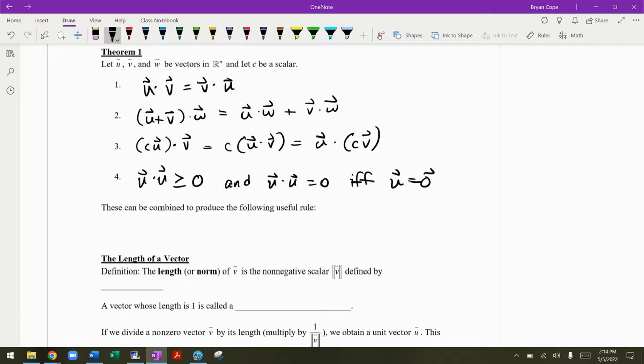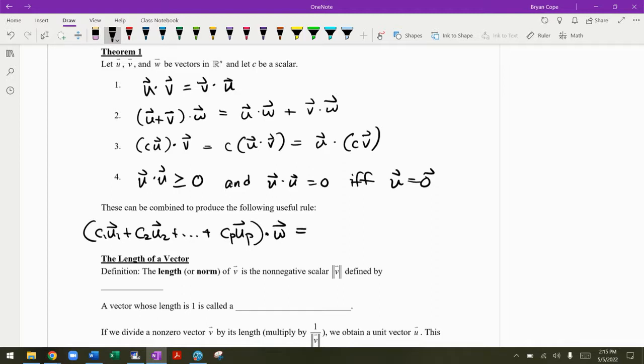We combine all of those rules to write one that's more useful for the work we're going to do with orthogonal projection later on. We take a linear combination of vectors, C1 U1, C2 U2, all the way out to CP UP, and dot it with some other vector W. How can this be rewritten?